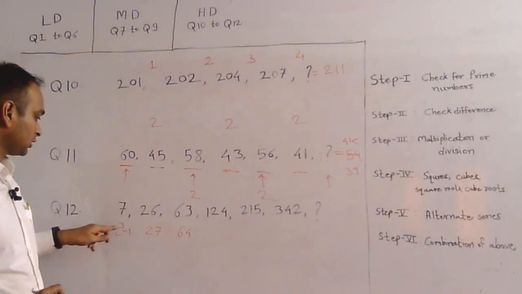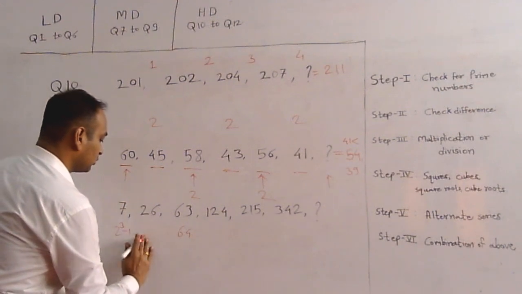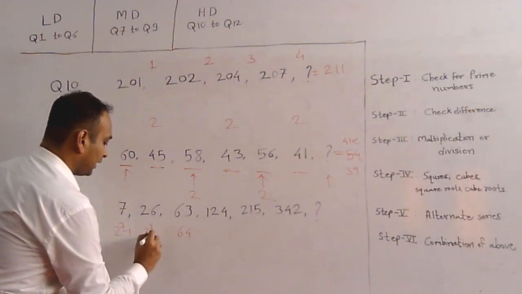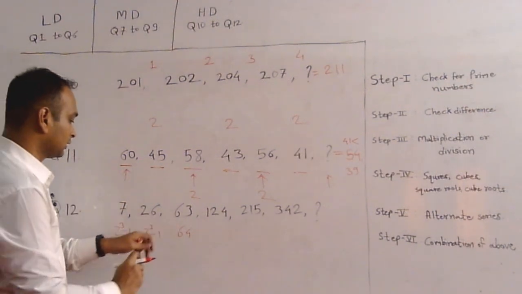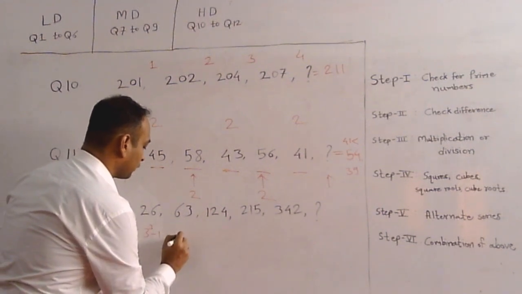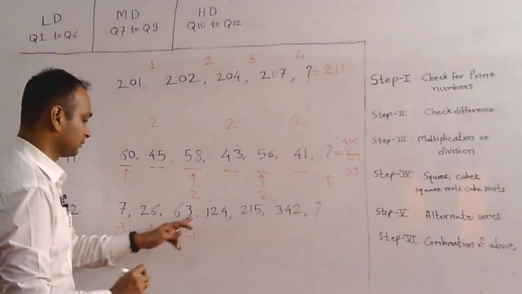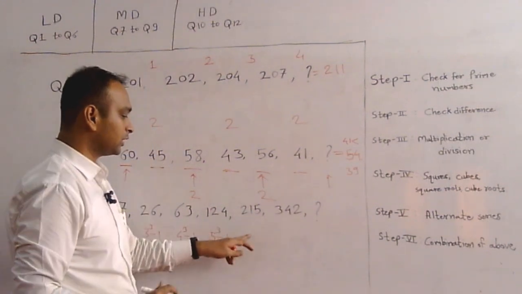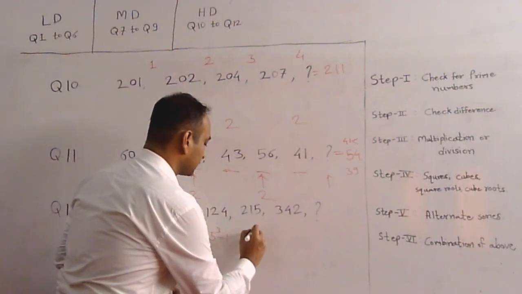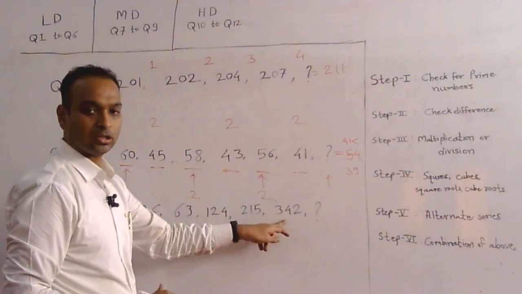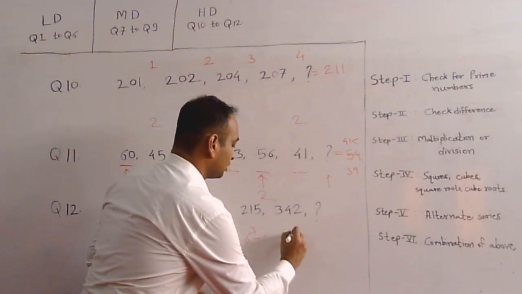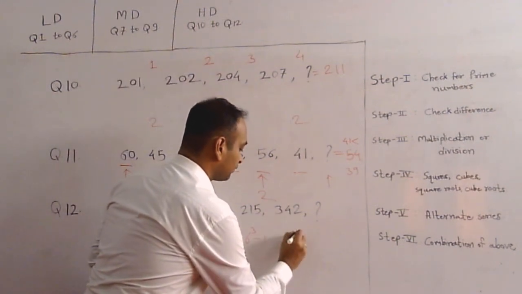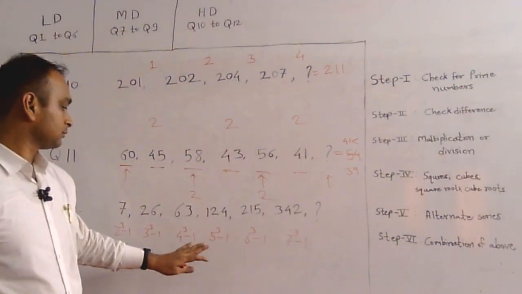That could be the logic. 26 is the cube of 3 minus 1. 63 is the cube of 4 minus 1. 124 is the cube of 5 minus 1. 215 is the cube of 6 minus 1, and 342 is the cube of 7 minus 1.